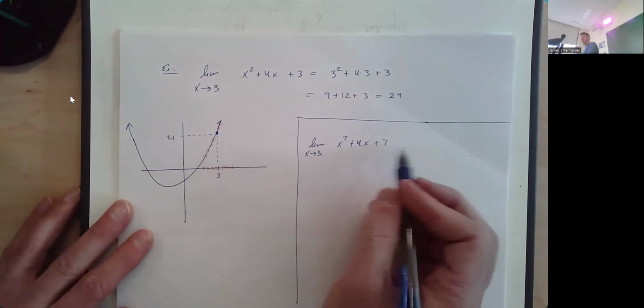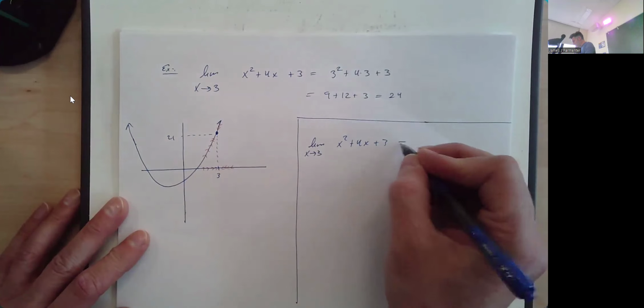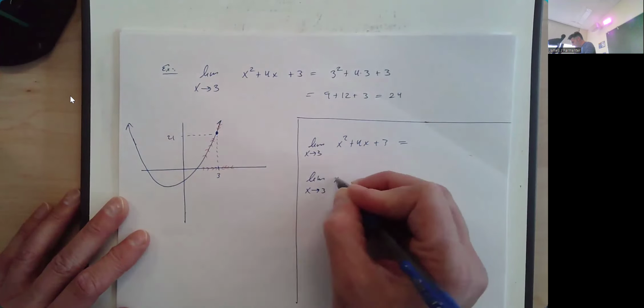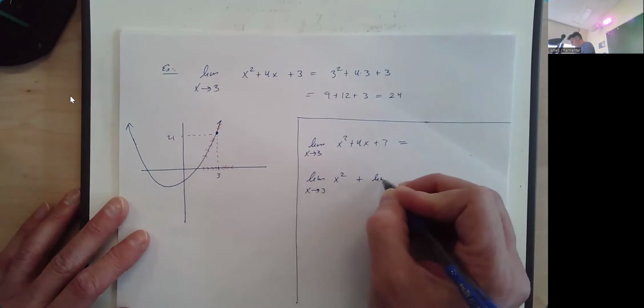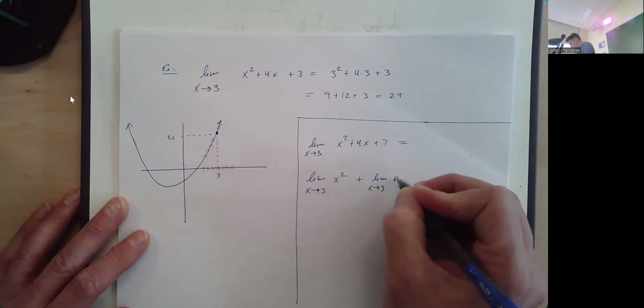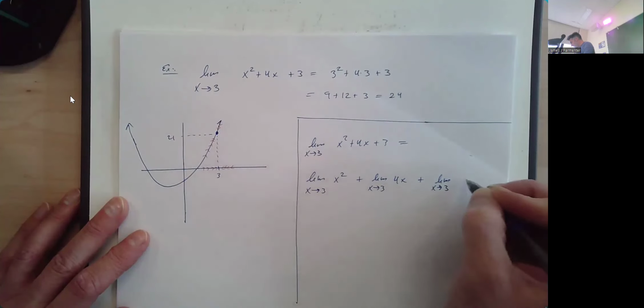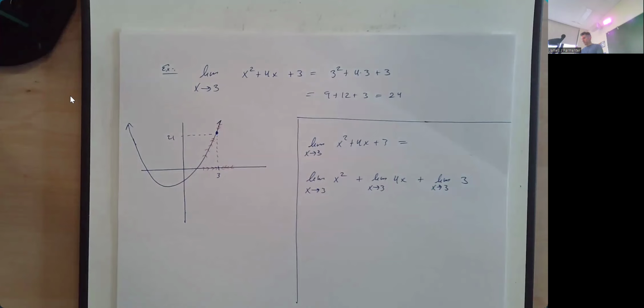When you have the limit of a sum, you can write it as the sum of the limits. So it's the limit as x approaches 3 of x squared plus the limit as x approaches 3 of 4 times x plus the limit as x approaches 3 of the constant 3. Now 3 was a bad choice here, sorry.